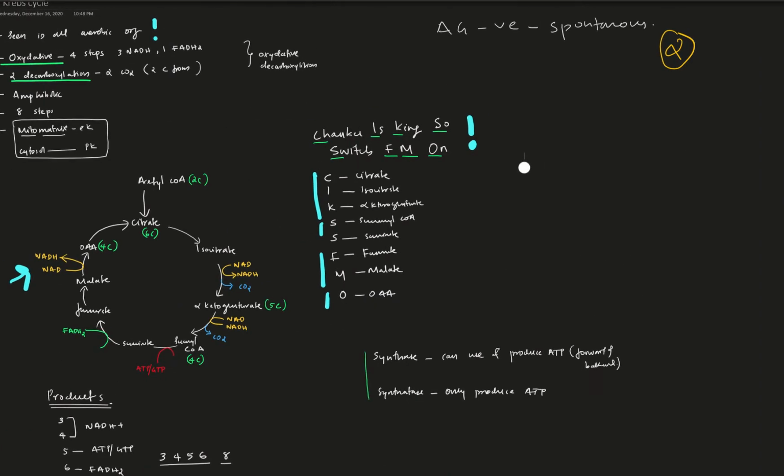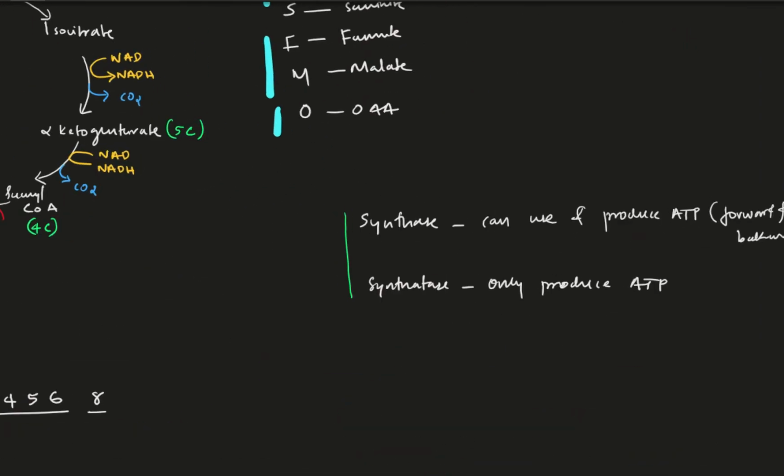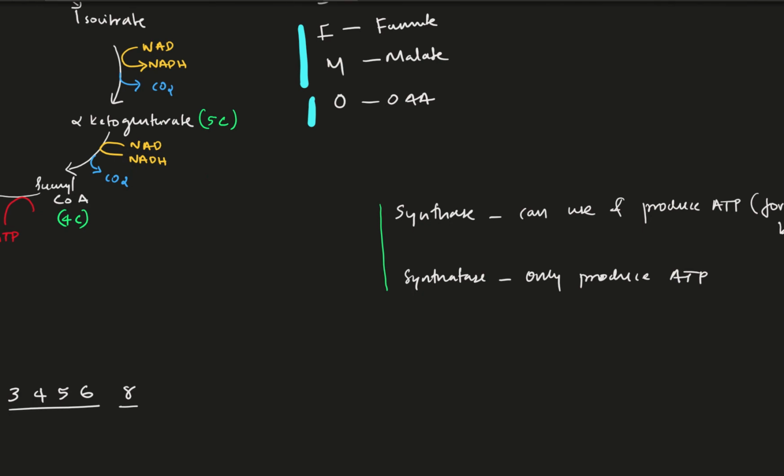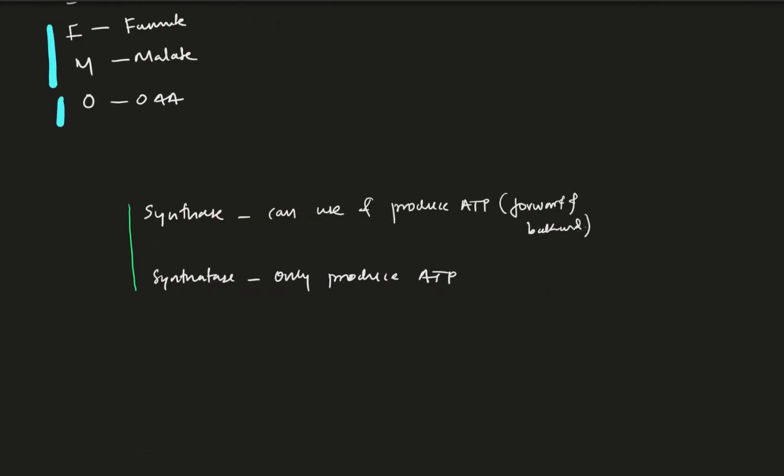In several steps and reactions we see the enzymes synthetase and synthase. Synthases are enzymes which can produce ATP and utilize ATP, so they can do the forward reaction as well as the backward reaction.